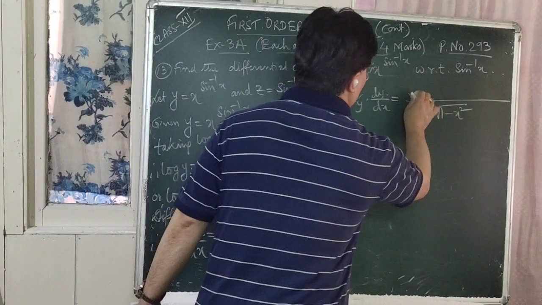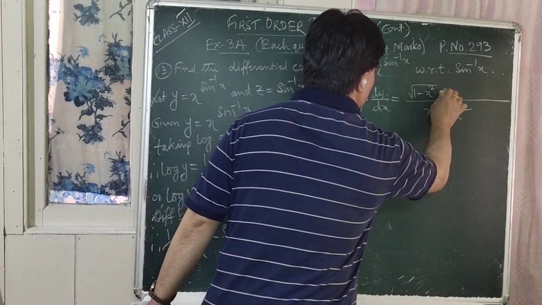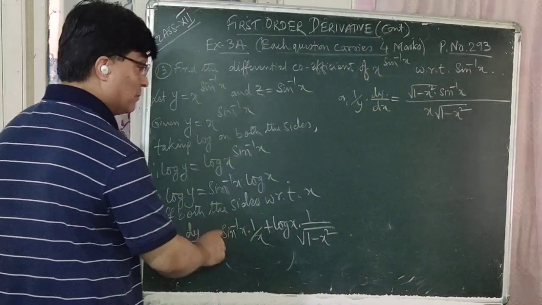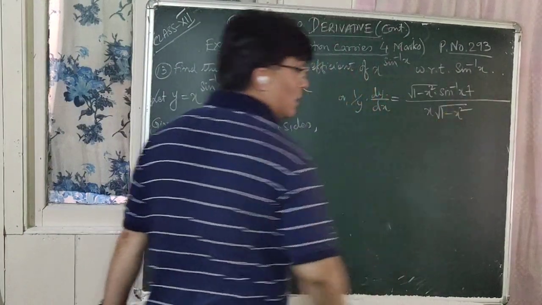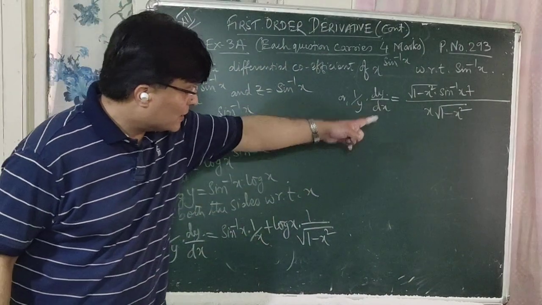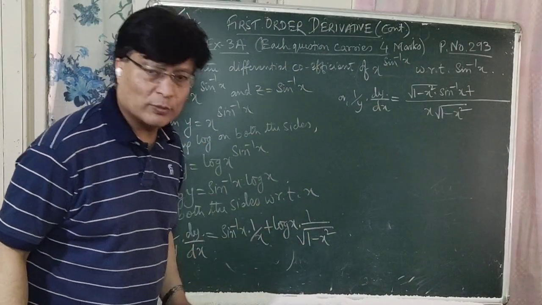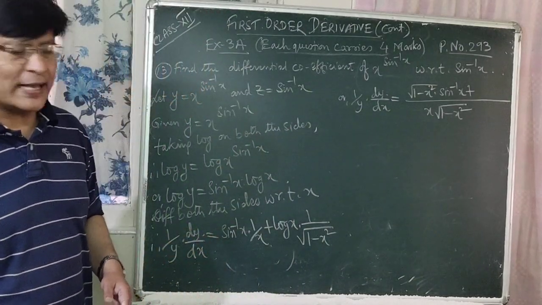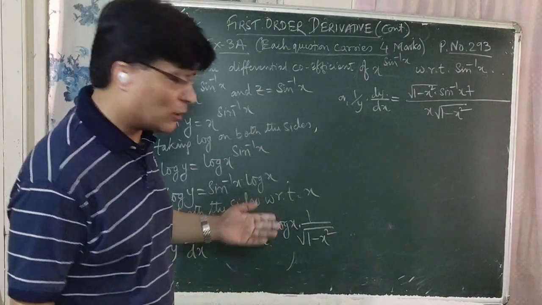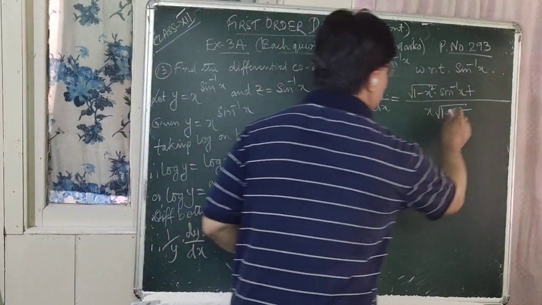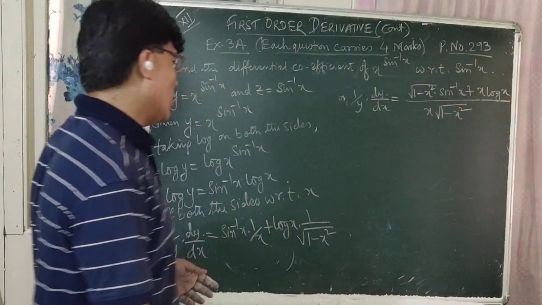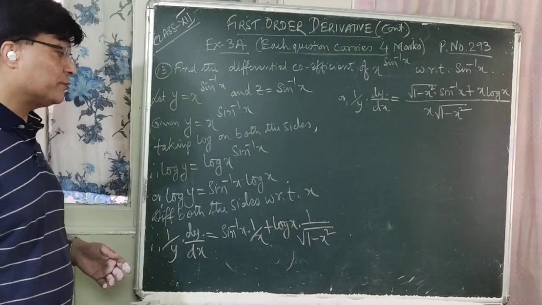That is root over 1 minus x square into sine inverse x, right? Then plus sign is there. Again that LCM is divided by this factor root over 1 minus x square. That is root over 1 minus x square will be cancelled. So x remains out there. So x into log x is x log x. Is it clear now?